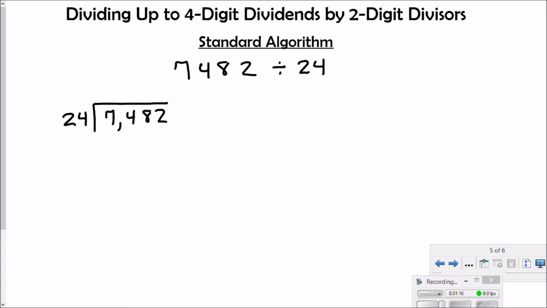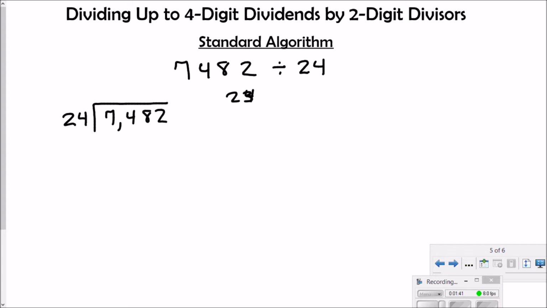I look at 24 and say, okay, that's close to 25. I know that 24 can't go into 7, so I have to look at 24 into 74. And 74 is close to 75. Well, if you think about money, 3 quarters have a value of 75 cents. So 24 will more than likely go into 74 about 3 times.